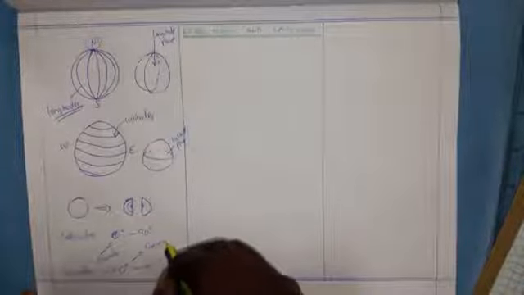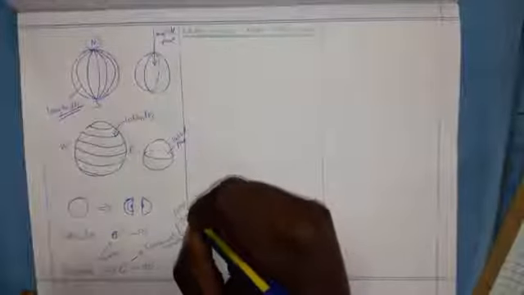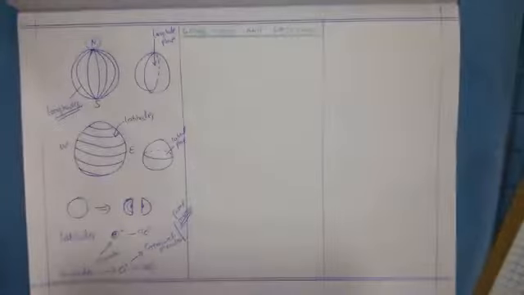And longitudes measure from 0 degrees to 180 degrees, 0 degrees being what we call the Greenwich meridian, or what we call the prime meridian. All of them simply mean the same line.